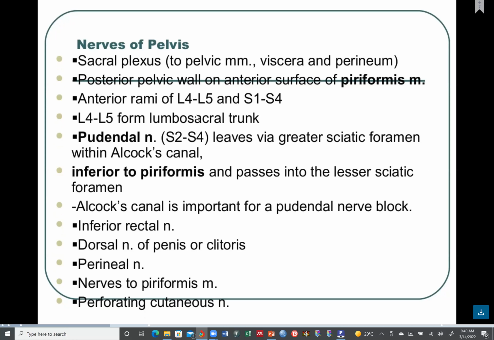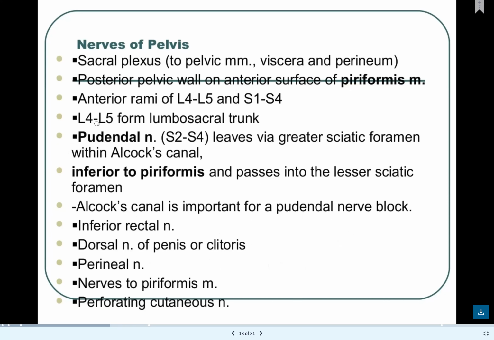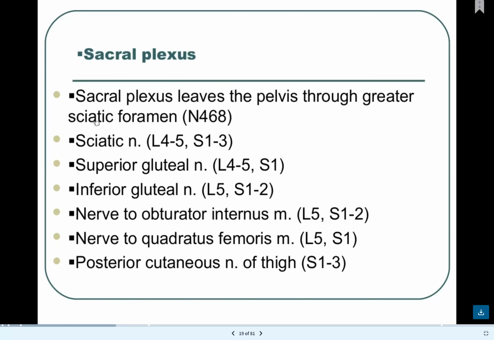So let's look at the sacral plexus as a whole. The sacral plexus will leave the pelvis through the greater sciatic foramen. And then it will form the sciatic nerve, which will have L4, L5, S1 to S3.